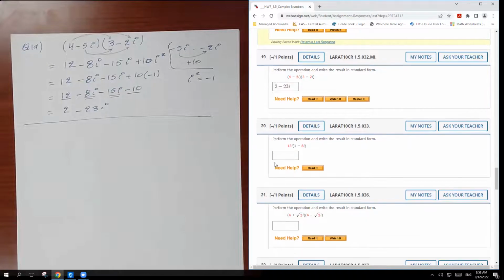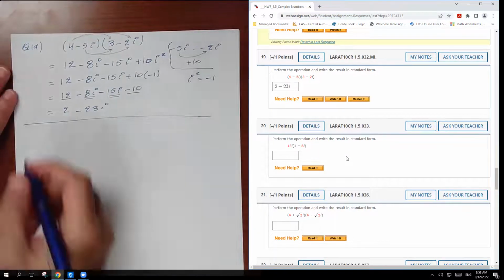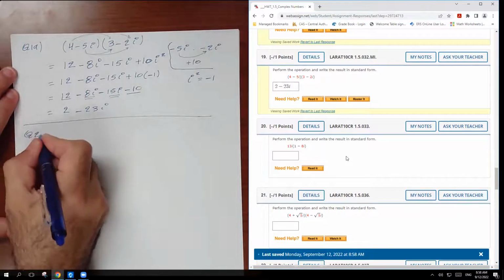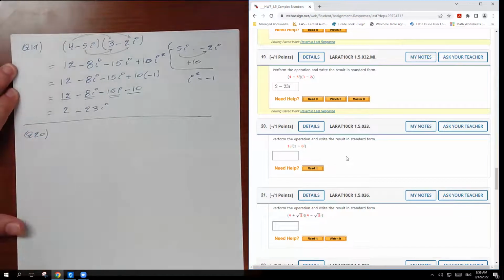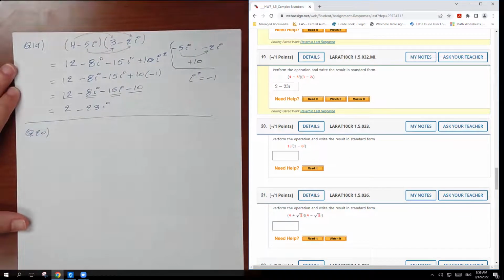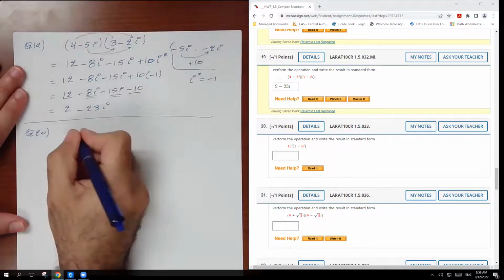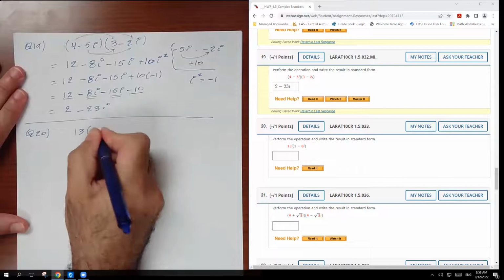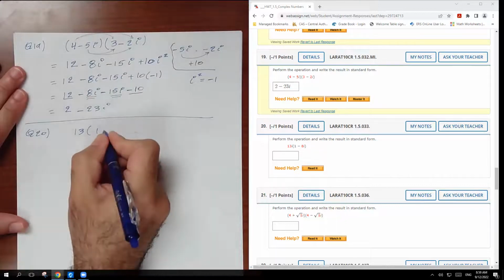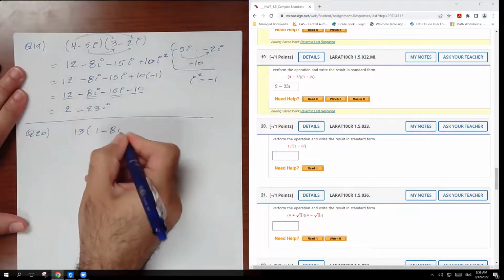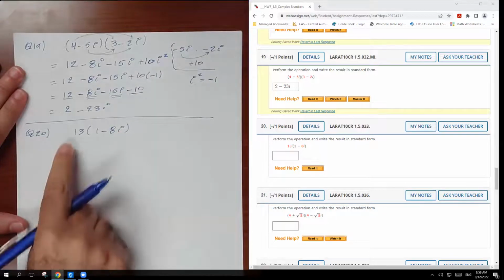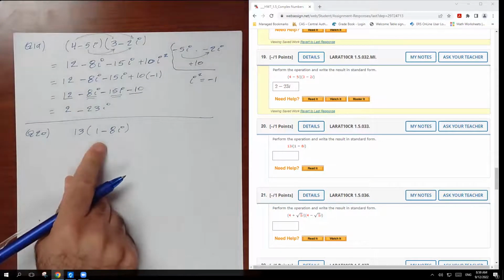Let's go to 20. The same thing, from the operation. We're going to multiply 13 times 1 minus 8i. That means you're just going to distribute this number on the parentheses.